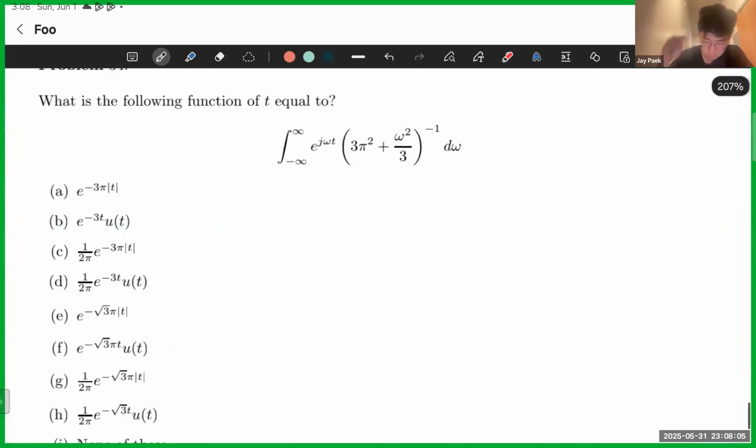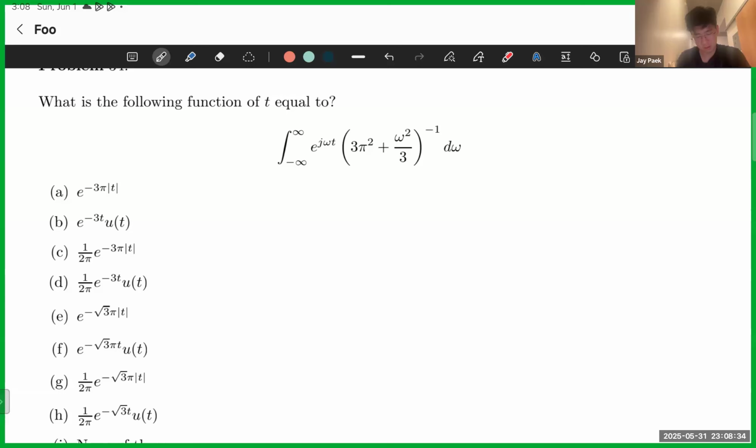Okay. Let me take a look at this. Hold on. It looks very daunting at first. Okay, so my first reaction is that we're integrating over omega, and omega squared.